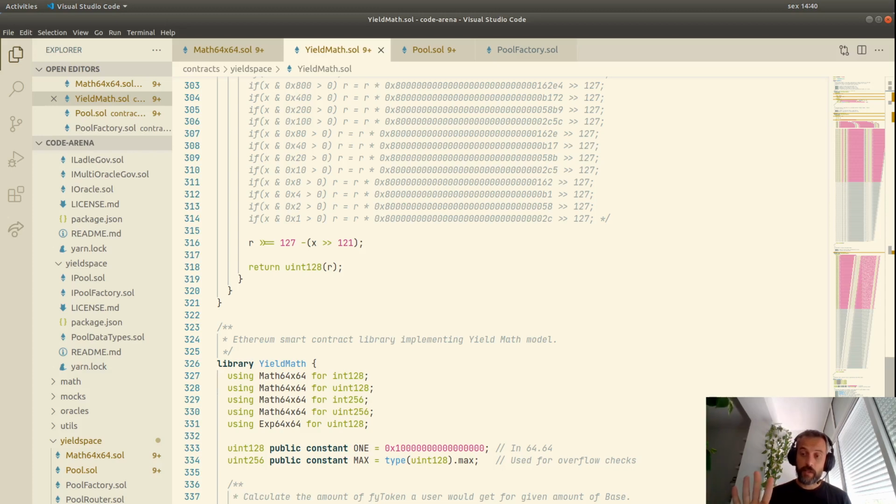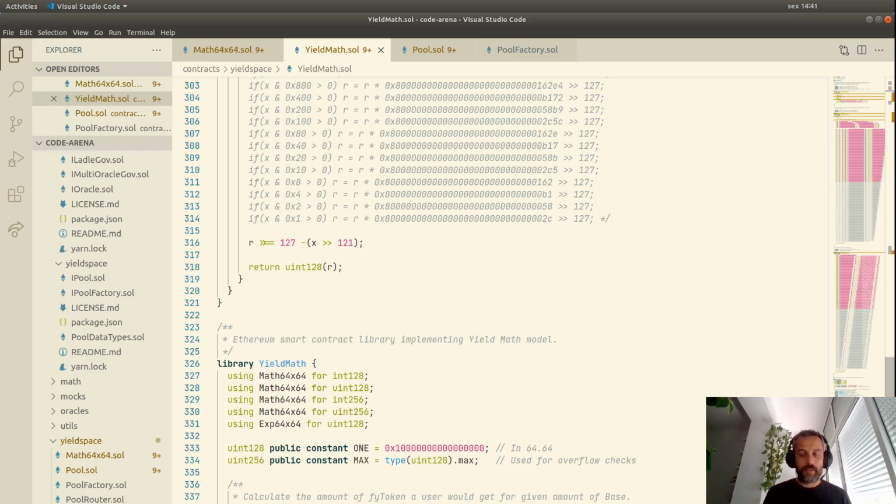There are only 4 functions: one to buy underlying, one to buy FY tokens, one to sell underlying, one to sell FY tokens. They are not exactly the same thing. It's not the same thing to sell FY tokens as to buy underlying, because in one of them you determine how much underlying you are going to spend, and in the other you determine how much FY token you are going to get, and the fees also work differently.